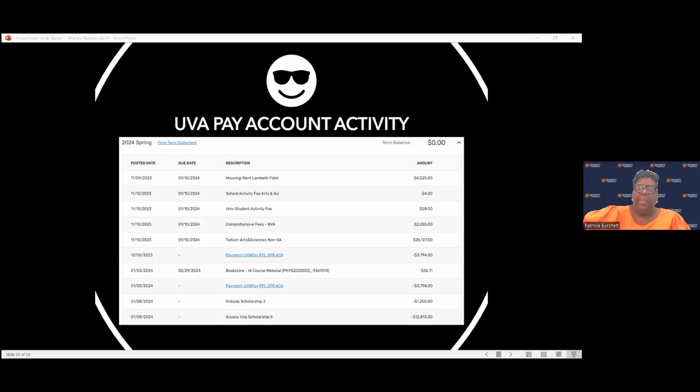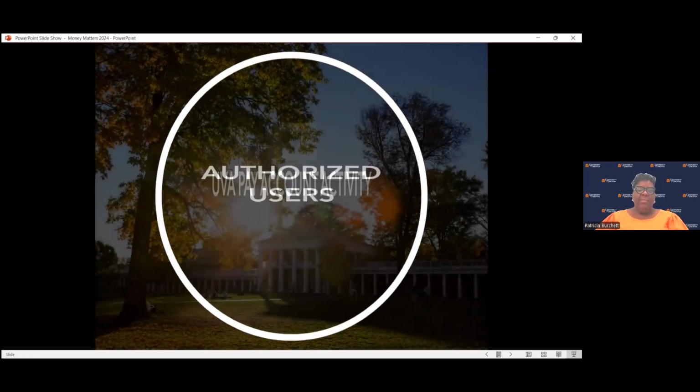If you made a payment through the portal, you can see that reflected too, or any other kind of credits like outside scholarships or institutional scholarships that will show in the payment activity. One really important thing I want to highlight is that UVA Pay is dynamic. What that means is real time. You will be able to post a payment and see it at the same time. There's not a delay in how it updates.